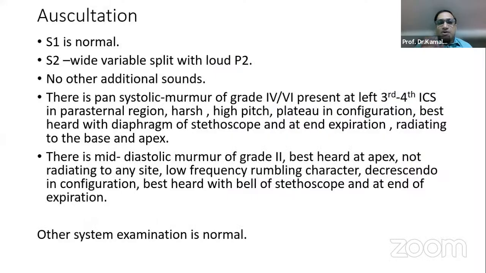So for the sake of our audience, the two murmurs in VSD that need not be pansystolic are a tiny VSD murmur and a VSD with Eisenmenger. In a patient with a very tiny VSD, the murmur will disappear because of the contraction; the VSD itself may close. So it may be early systolic, as they call it.